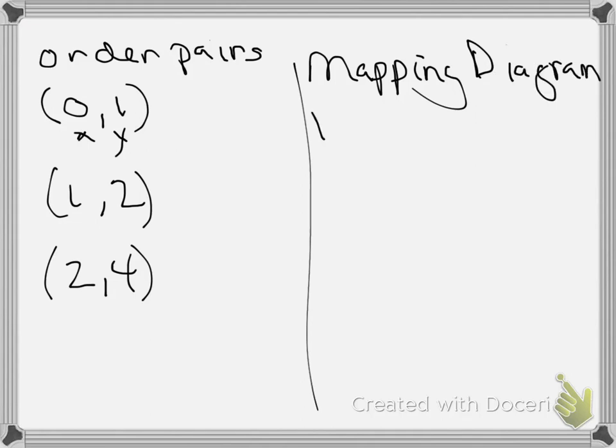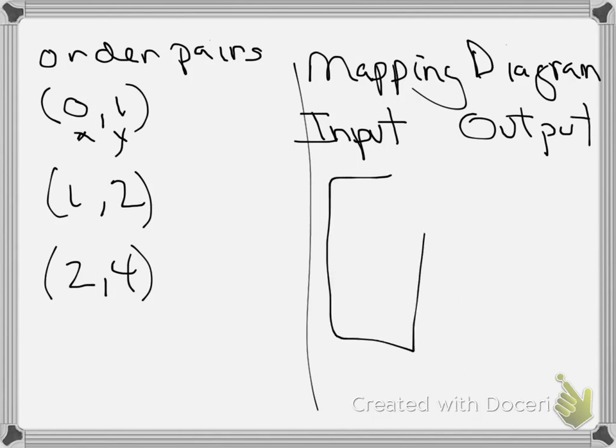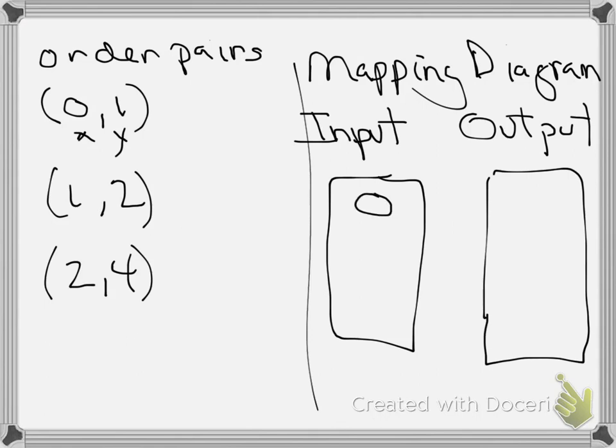Okay, so we're going to put an input here, an output over here, and then we draw these little boxes. And so we tell the input of 0, like the one we have over here, has an output of 1.